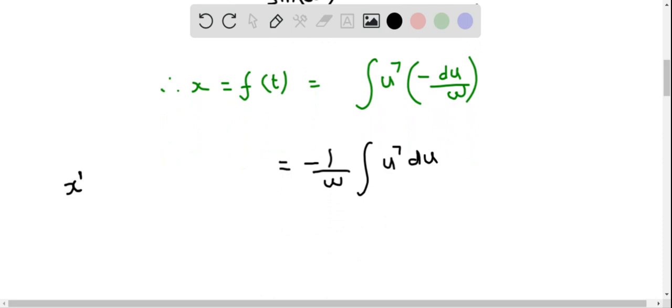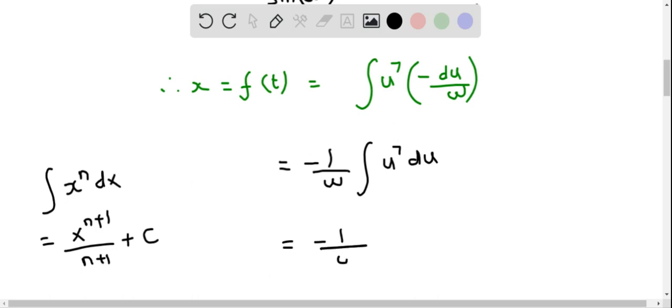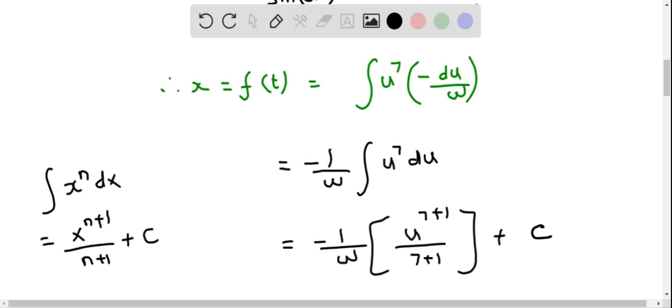That is, if we integrate x raised to the power of n dx, according to the power rule, it is x raised to the power of n plus 1 divided by n plus 1 plus the integration constant c. So when I use this rule here, I put negative 1 by omega multiplied by u raised to the power of 7 plus 1 divided by 7 plus 1, and then the integration constant c.